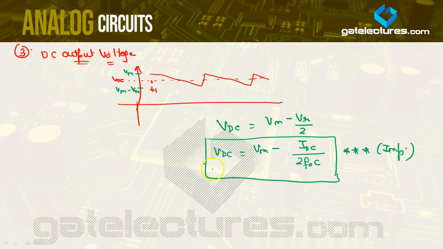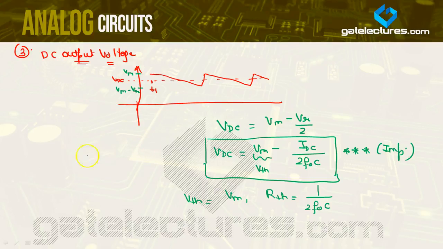We can also approximate this to a Thevenin equivalent circuit. So V Thevenin is equal to Vm and R Thevenin is equal to 1 by 2 f naught C. Understood?